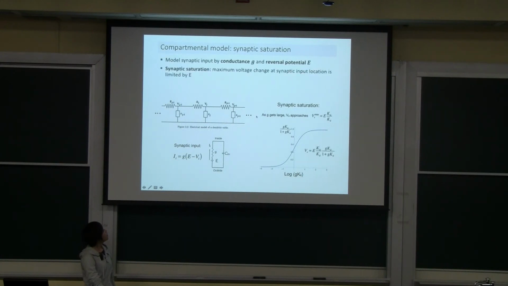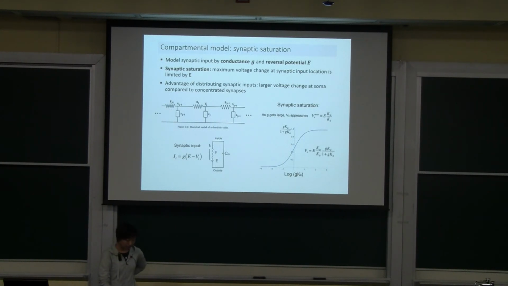All right. Then he also mentioned some phenomena. What else you can do with this model is to model a synaptic input. The way to model a synaptic input is to consider it as a conductance plus a battery.